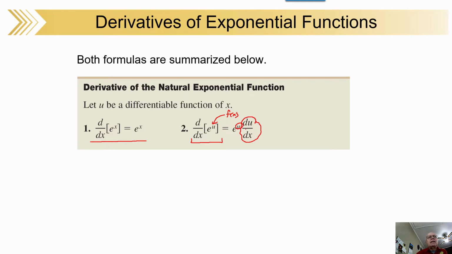What can be handy, like in some of the other ones, when you're starting to take the derivative of some natural exponential function, is to find out what this is, and also at the same time take the derivative of the function u. And then you have it ready to do your actual overall derivative.